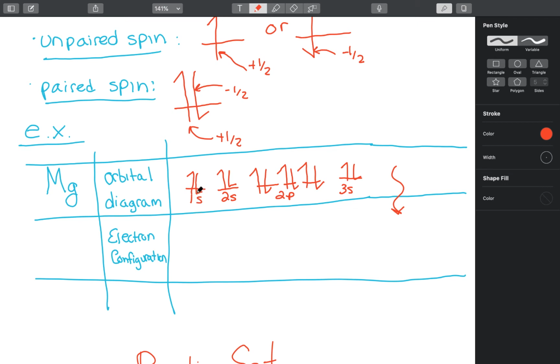We have 1s2, the first thing we would list, saying that we have 2 electrons in the 1s subshell, then 2s2, 2p6, 3s2. That would be our electron configuration for magnesium.